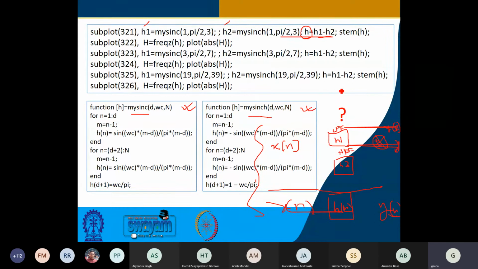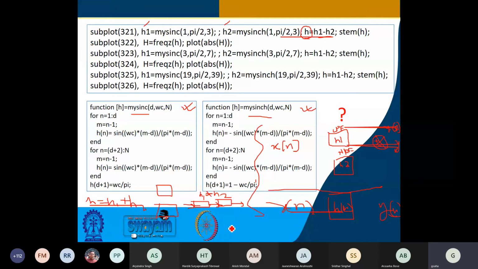So if they are in parallel, and if they are in series, in parallel the equivalent is H1 plus H2 if added, and H1 minus H2 if subtracted. If in series, the equivalent is H1 convolved with H2. Do you not know it?